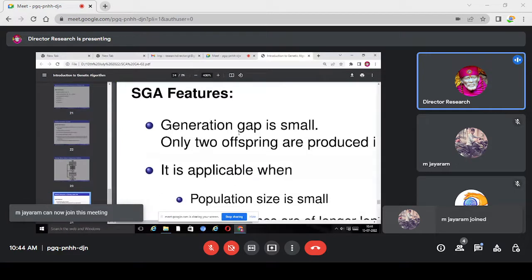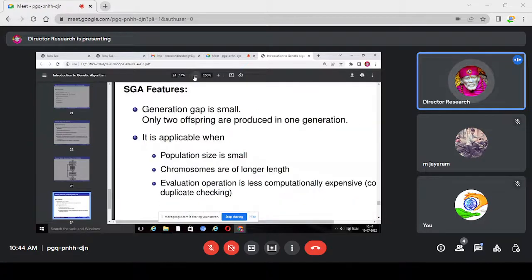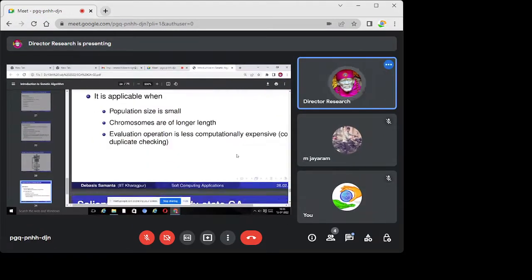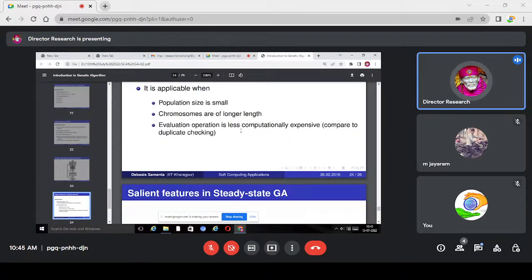Salient features of steady state GA: the generation gap is small, and only two offspring are produced in one generation. It is applicable when the population size is small and chromosomes are of longer length. Evaluation operations are less computationally expensive compared to duplicate checking.